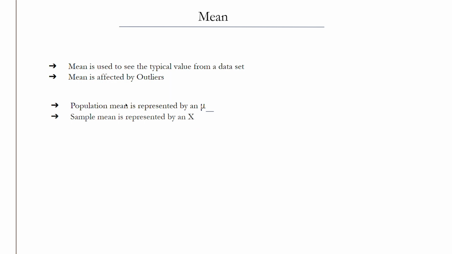Let's say you're talking about the average weight of people in America, then this symbol will be used because that's the mean. If you're talking about the mean, or average, and mean are the same thing, of average weight of 10 people from America, average weight of 100 people from America, then we'll be using a capital X.